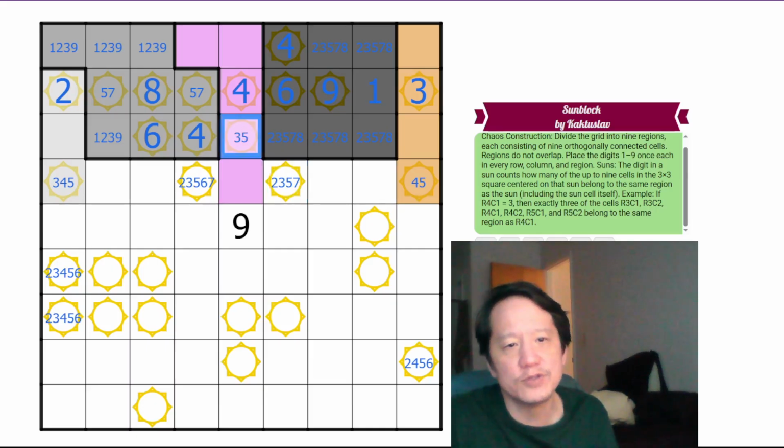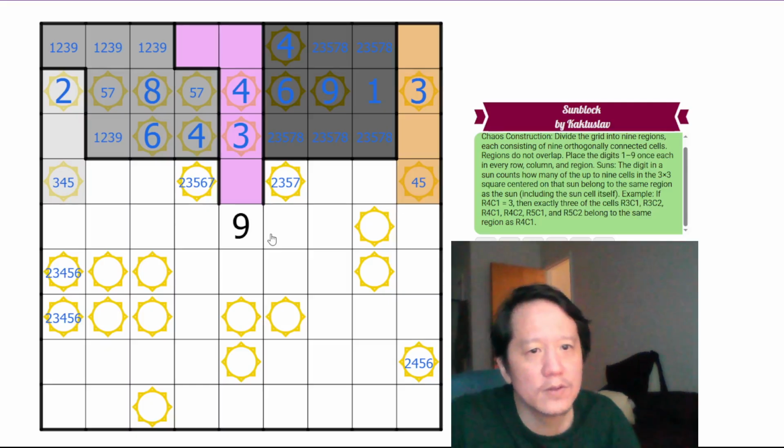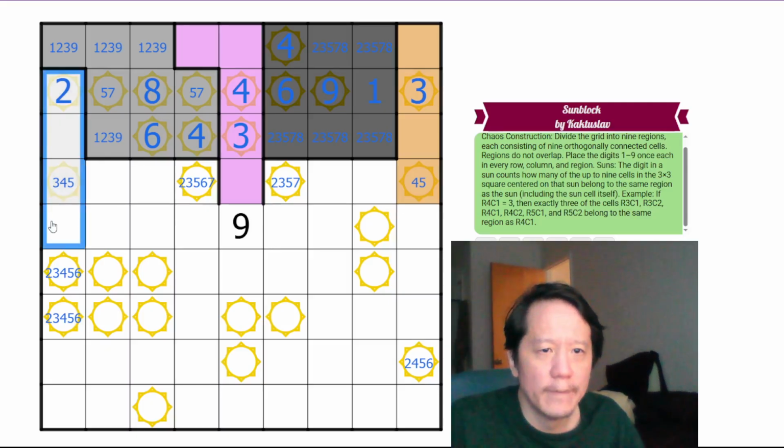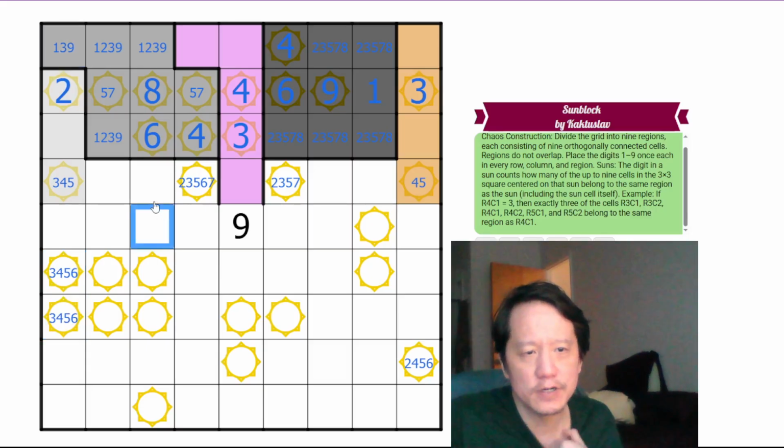So this has to be 3 then, which means these are separate regions. No more 2 here. So no 2 there. 3 eliminates 3 here. These can't be 3. Aha, and we have a contradiction.